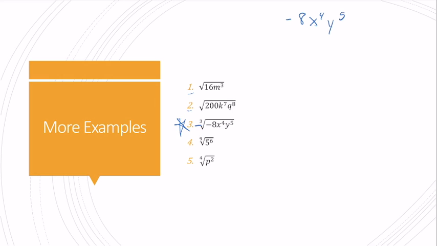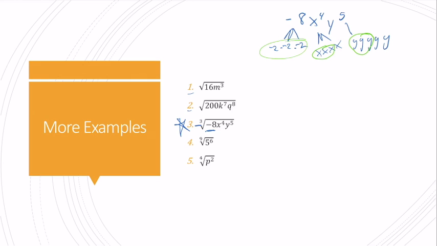Okay? Now, negative 8 is going to factor into negative 2 times negative 2 times negative 2, right? We know the cube root of negative 8 is negative 2. I'm going to have 4 x's and 5 y's, and I need to collect my groups of 3. So I've got 3 negative 2s, 3 x's, and 3 y's.